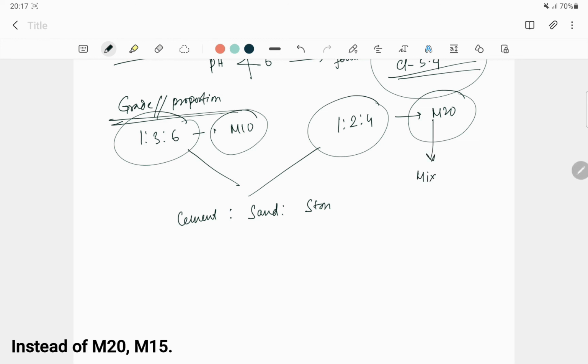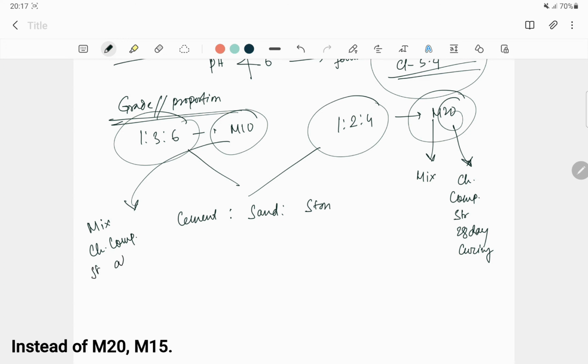I covered this in the IS code video series. 20 means characteristic compressive strength after 28 days of curing. So what is M10? M for mix, and 10 means characteristic compressive strength after 28 days of curing.